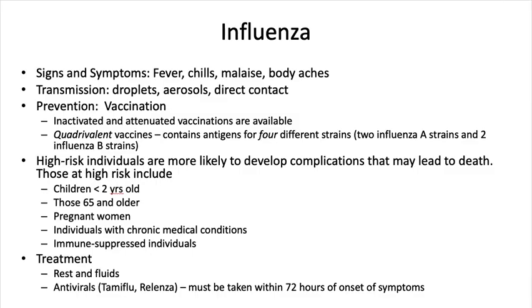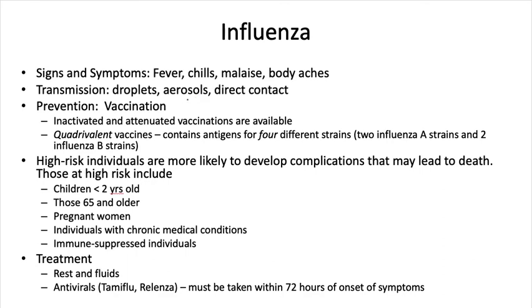All right, so influenza symptoms are distinct from a cold. A fever is very common with influenza. A high fever, chills, very strong muscle or body aches, and malaise, or just a complete lack of energy. Like the common cold, influenza is transmitted by droplets and aerosols and through direct contact.